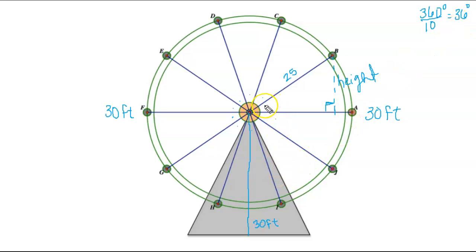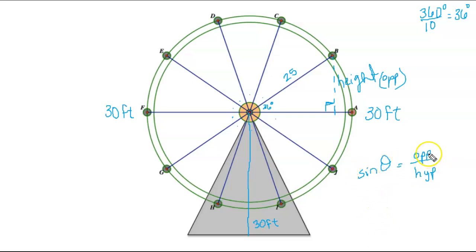So now I know I have an angle that's 36 degrees. I know I have a hypotenuse that's 25, and I'm looking for this opposite side of the angle, because this is the opposite side. So if I'm doing opposite and hypotenuse, I remember that that's the sine of an angle.